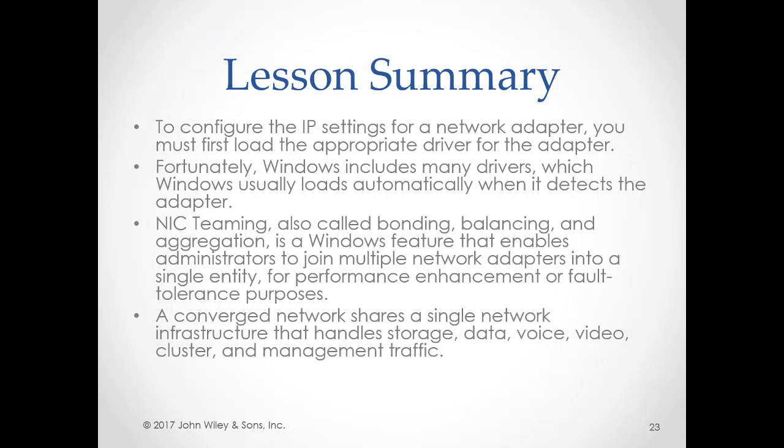So from the lesson perspective, we covered configuring IP settings. To be able to configure your IP settings, first, you have to have the appropriate driver to allow you access to the adapter.